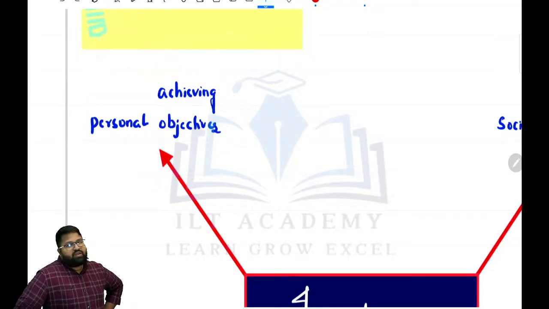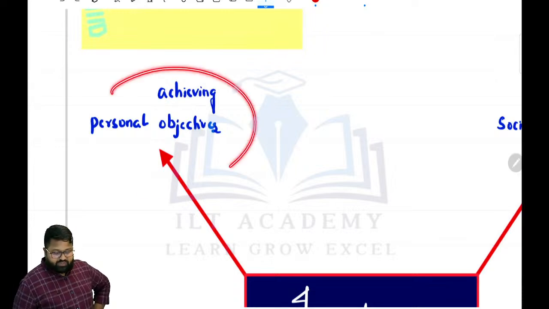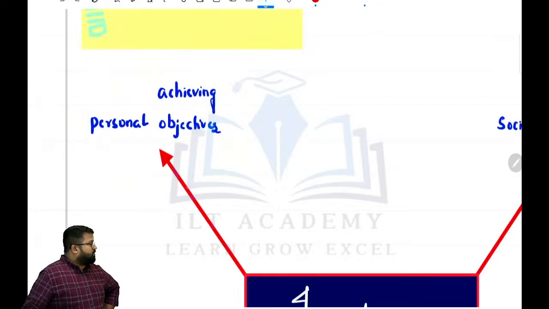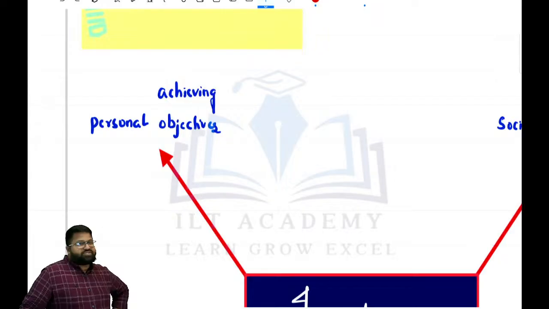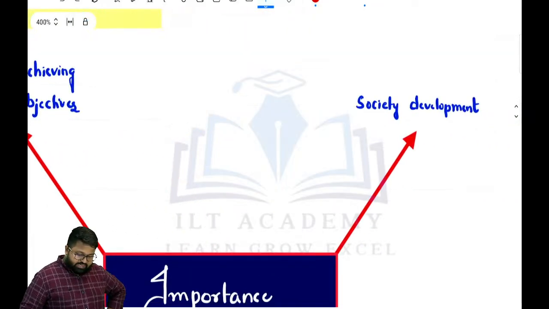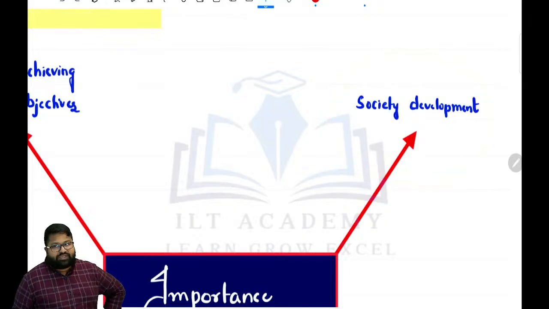If everyone in the organization has their own personal objective, that should be attained along with the organizational objective. So that's the first one, achieving personal objectives. And next, society development.